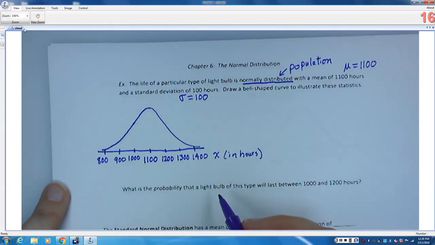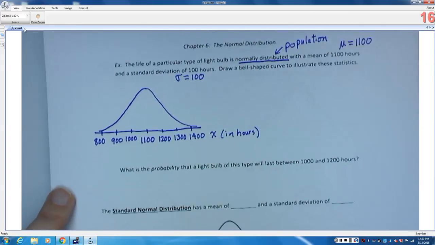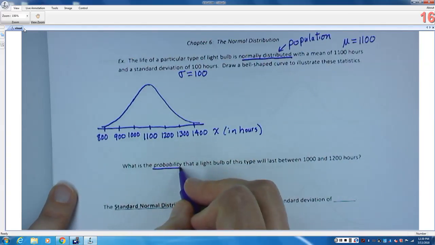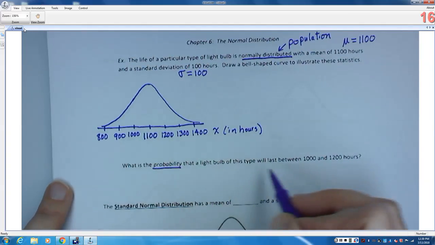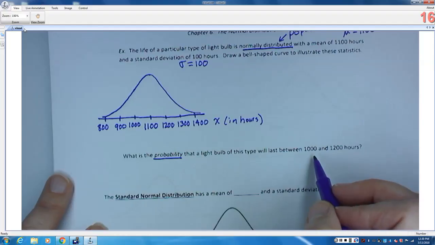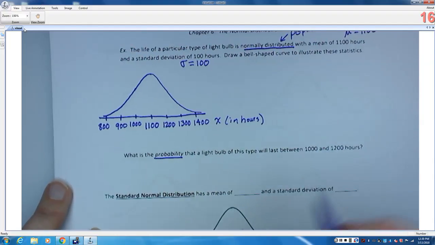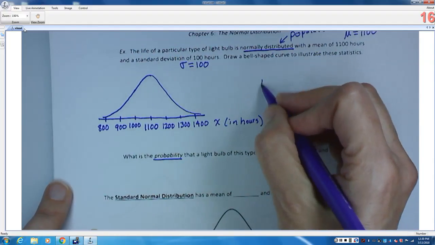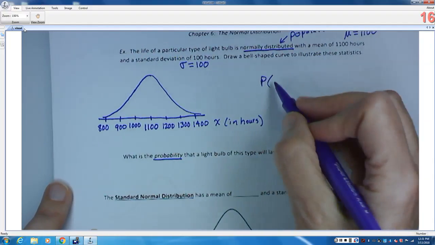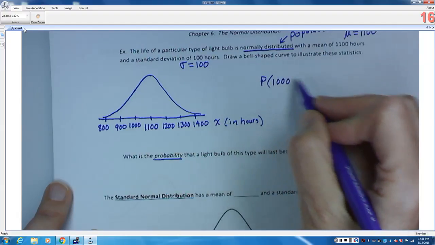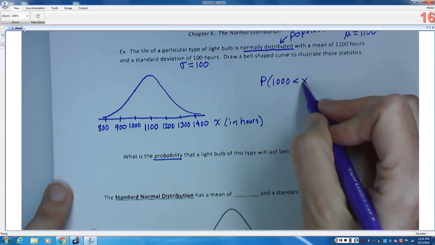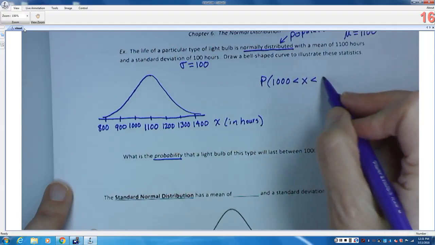So we've drawn this. So what's the probability? So now we're going to ask for a probability that a light bulb of this type will last between 1,000 and 1,200 hours. So the notation is probability that X is between 1,000 and 1,200 hours.